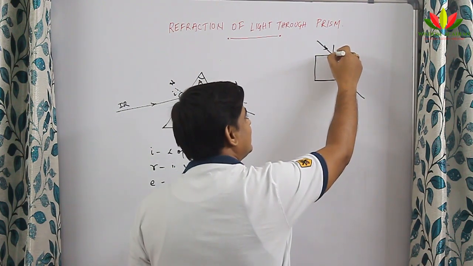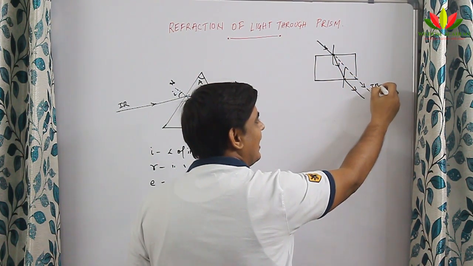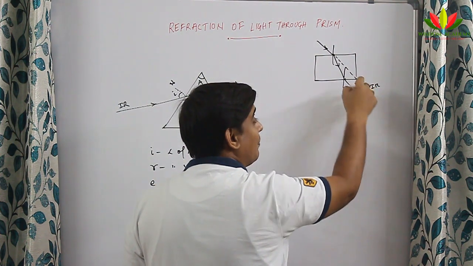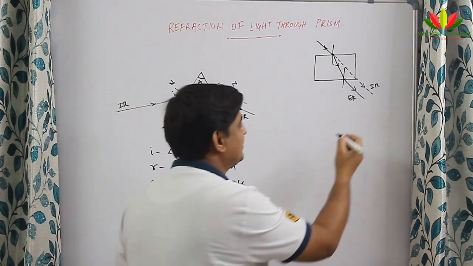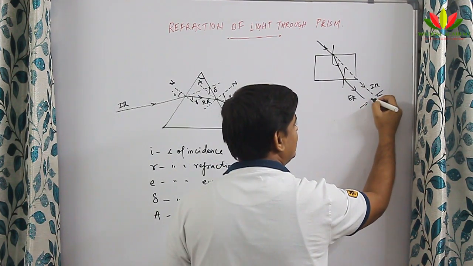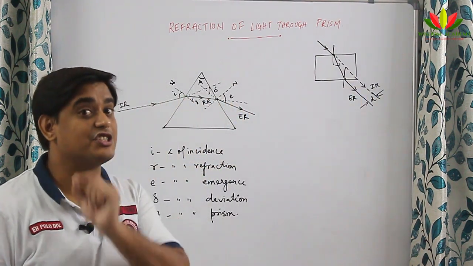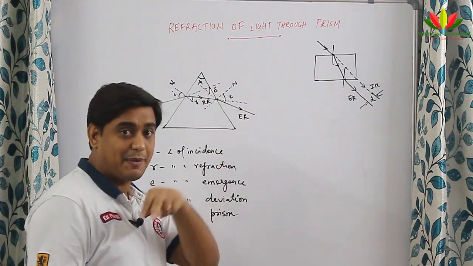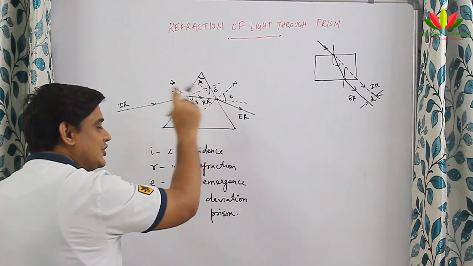If I extend this incident ray, you found that the incident ray and emergent ray were parallel to each other. So, basically there was no deviation. Yes, there was some displacement. This is called lateral displacement, d, but there was no deviation. The angle was the same. That is why they are parallel. But here you can see there is a deviation too.